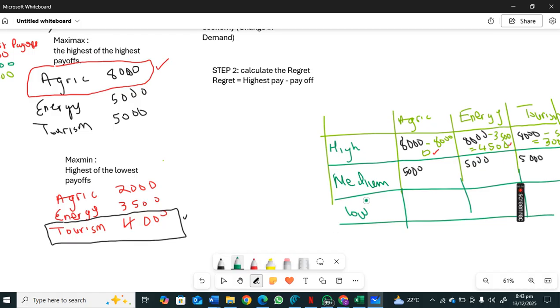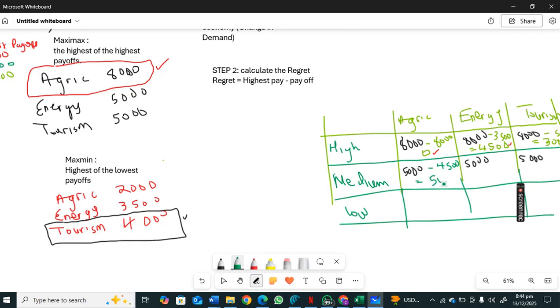So when demand is medium, agriculture has a payoff of 4,500. $5,000 minus 4,500, you get 500.